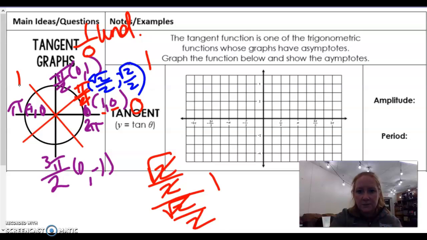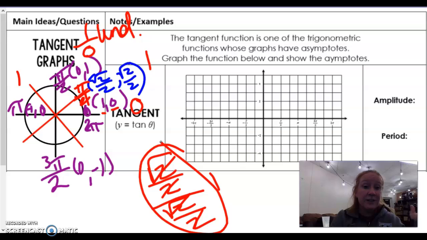It's still square root 2 over 2, but one of them is negative over here, so this is going to be negative 1. Then at pi, it's back to 0, because you've got 0 over negative 1, still 0. This one is square root 2 over 2, square root 2 over 2, so it's 1, but is it positive 1 or negative 1? Positive, because it's negative over negative.